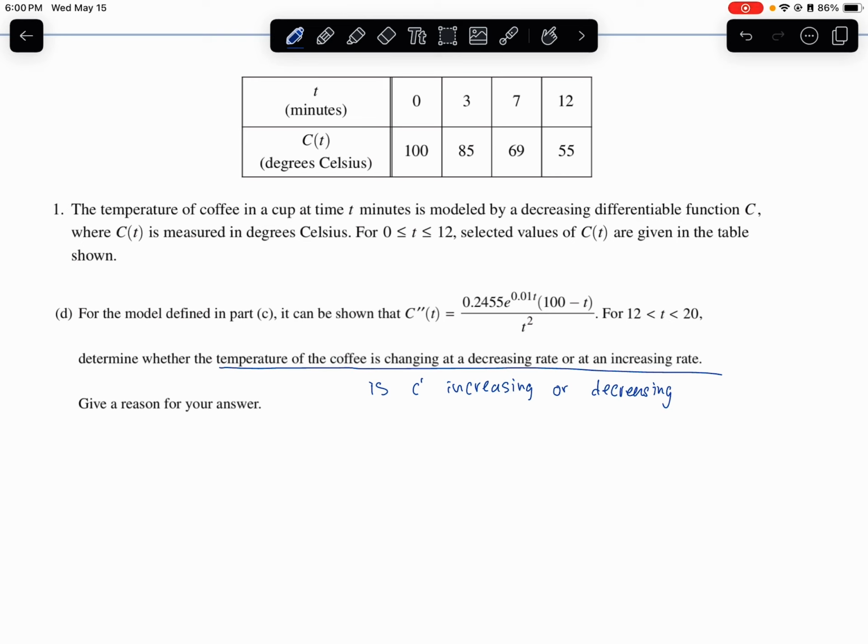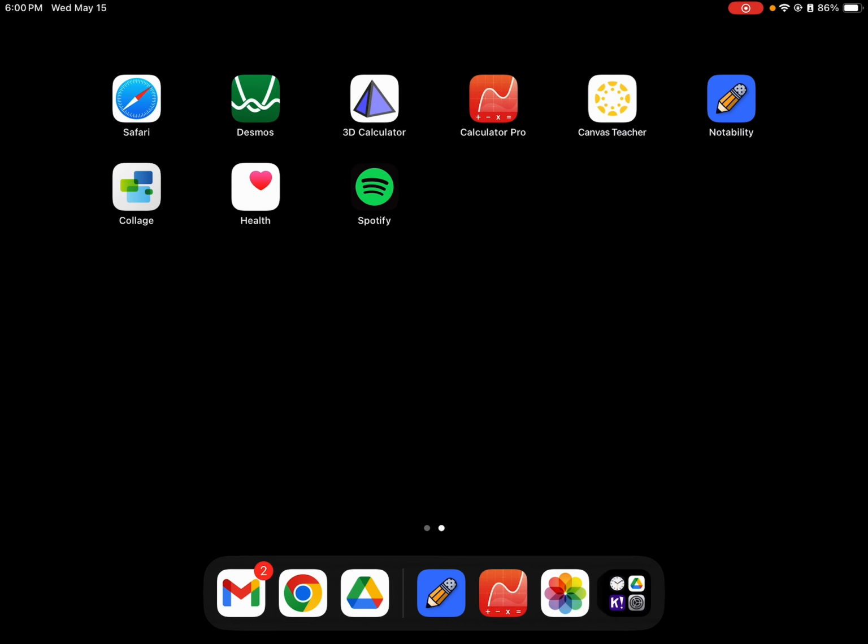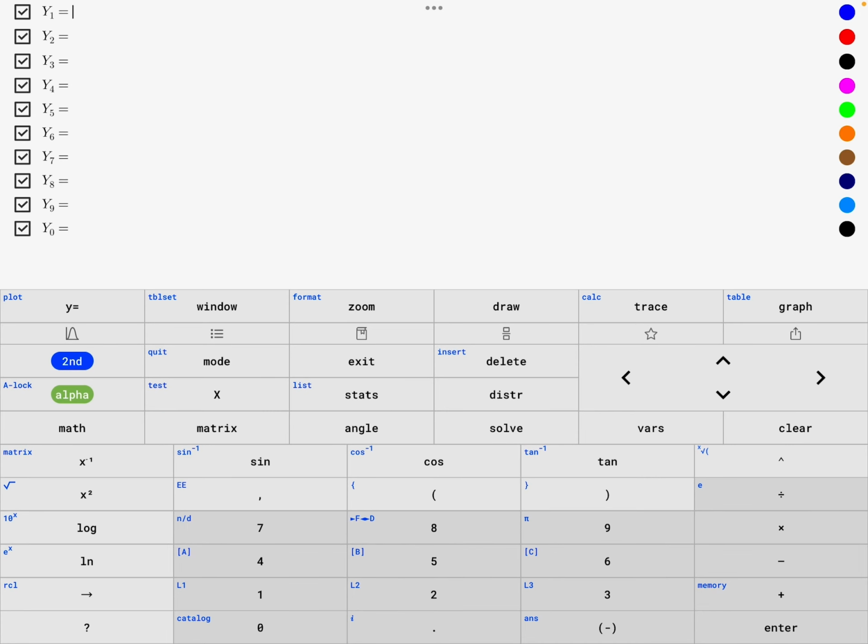So let me go back to my calculator. Go to y equals, and let me input this into my C double prime. 0.2455, and then we have e raised to the 0.01 x, then 100 minus x, close that set of parentheses, divided by x squared.